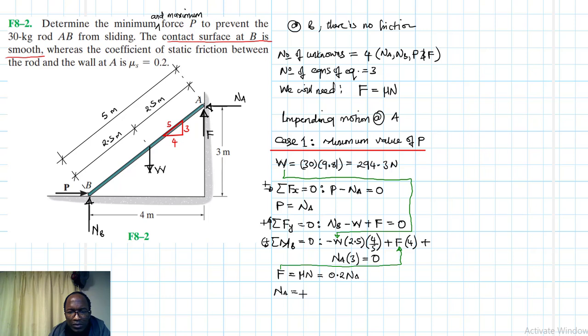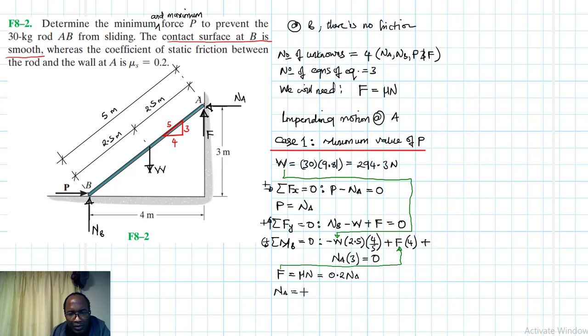NA is equal to minus 294.3 by 2. That 2.5 by 4 over this one here gives us a 2. This one there, the slope gives us a 2. So 294.3 by 2. Okay, then we have divided by, we replace that, becomes 0.2 by 4 plus 3.